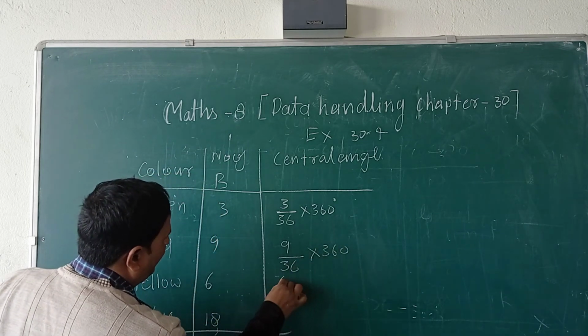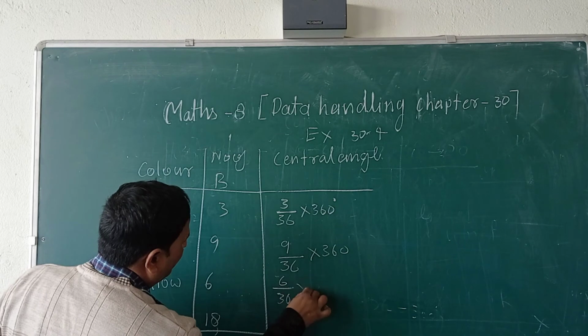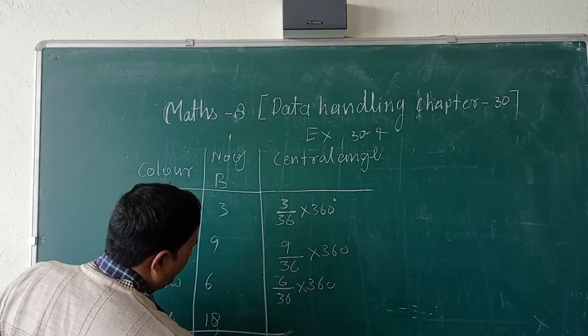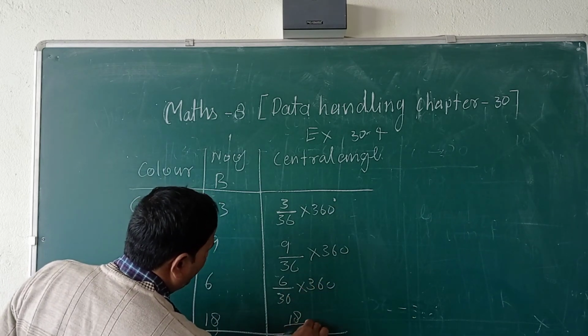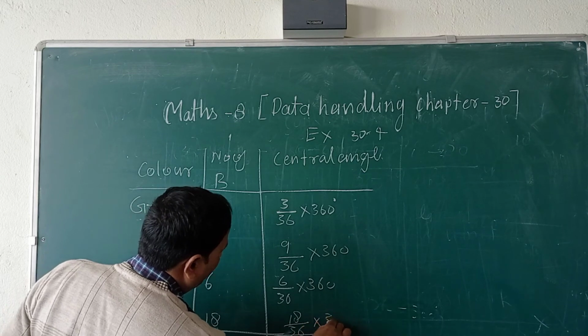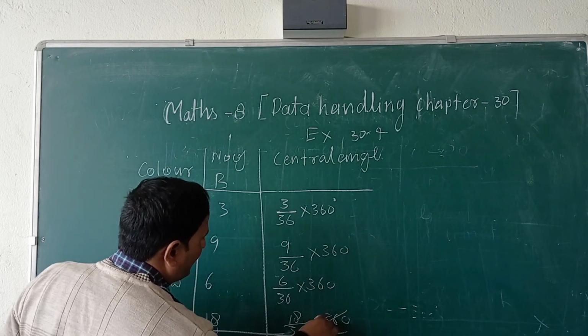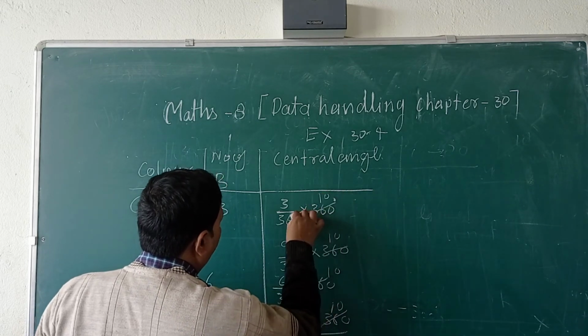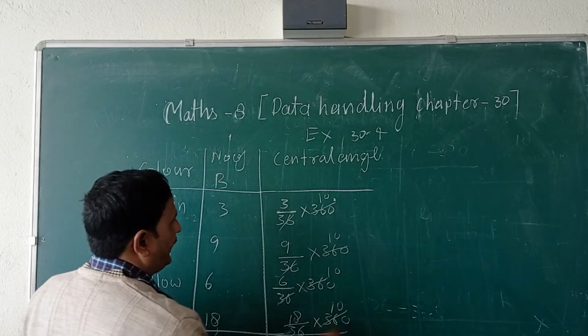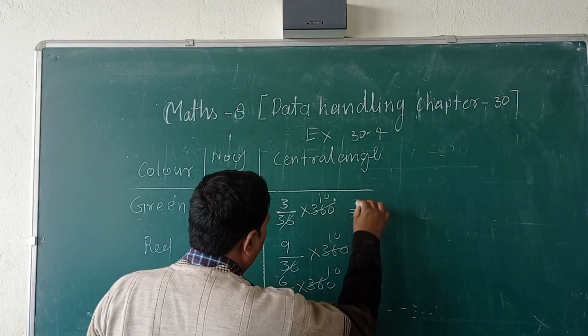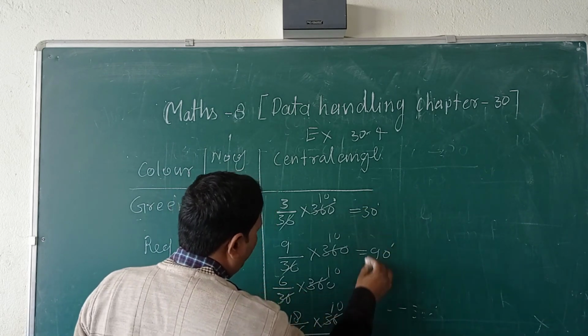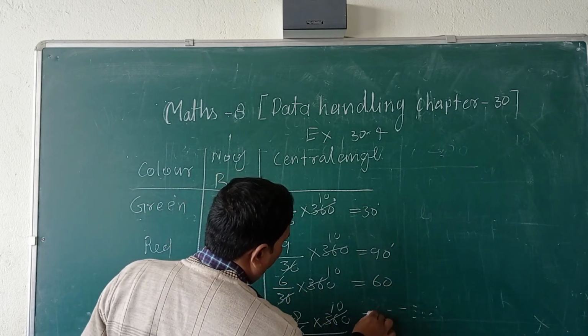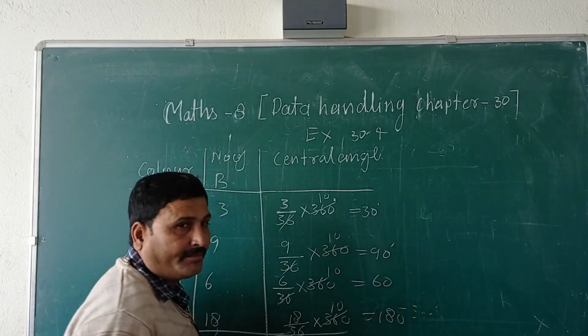Similarly 6 upon 36 into 360. Now 18 upon 36 into 360. All answers will come as 10, 10, 10, 10. That will be 30 degrees, 90 degrees, 60 degrees, 180 degrees.